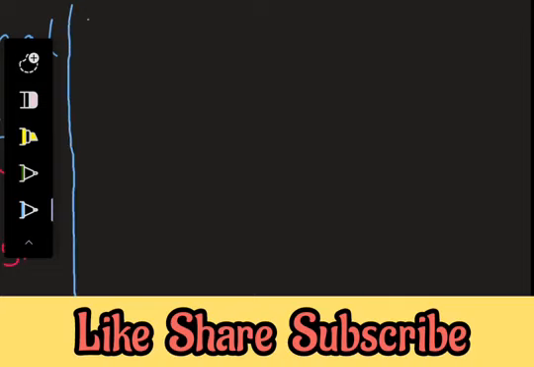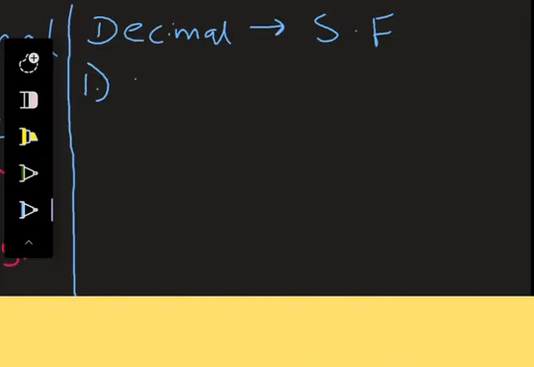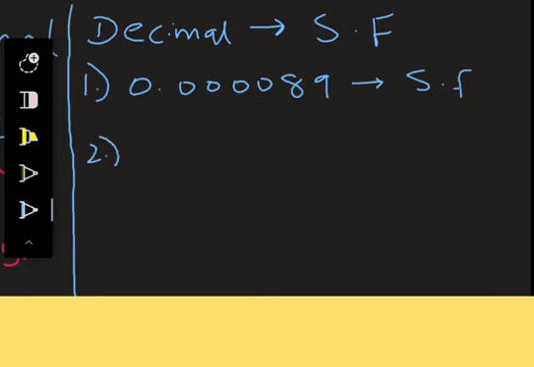So question 1, you're going to convert 0.00089 to standard form. Then question 2, convert 13.000 to standard form.